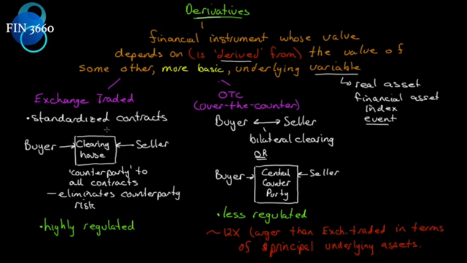That's considered a large contract. The standard contract in most foreign currency on the futures market is about $100,000. The British pound is 62.5. So they vary, but they're nowhere near 100 million. Well, one contract here could represent 100 million. So when we say that it's much, much, much larger, it's in terms of the principal value of the underlying assets, not the value of the derivative contract itself.